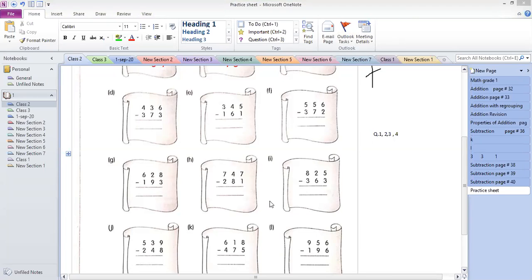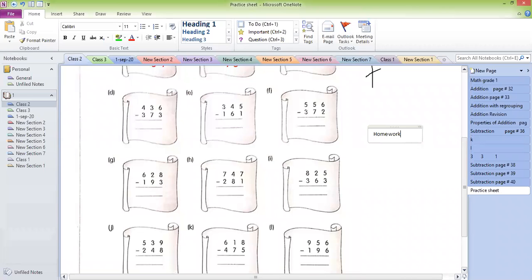From page number 44. I'm telling you again, homework, page number 44, testing zone, question number 1, question number 2, question number 3, question number 4, and question number 5.